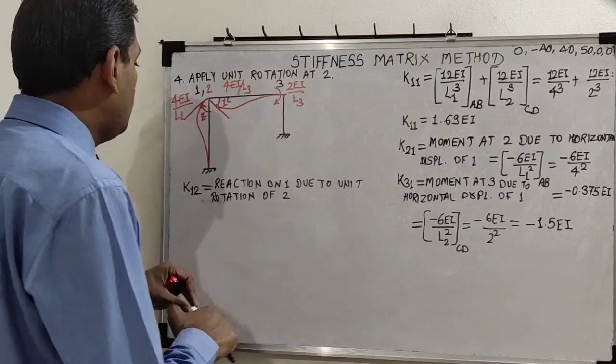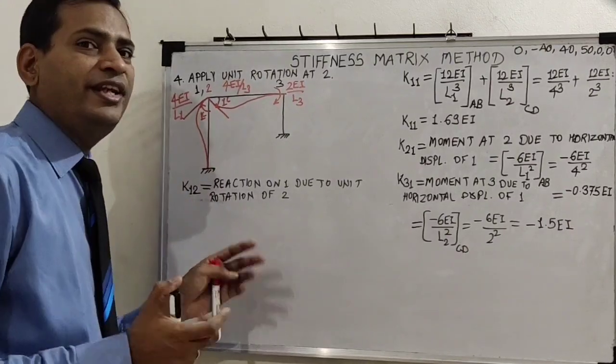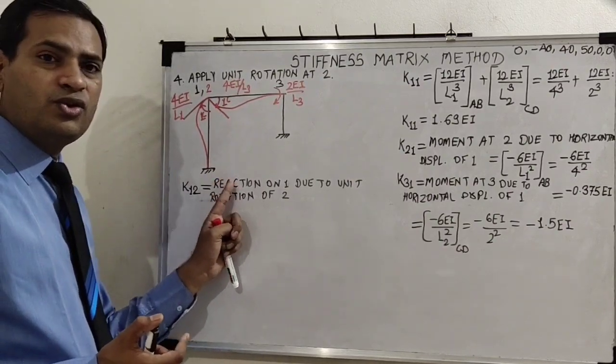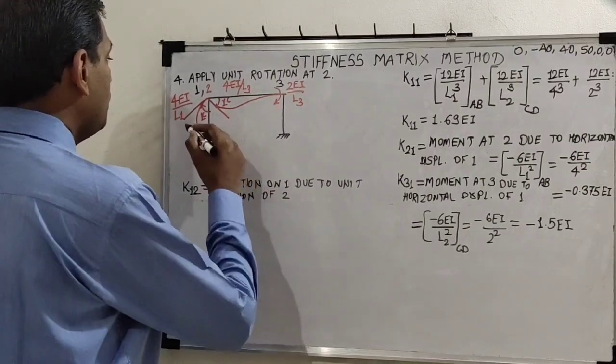Okay. Why reaction and why not moment? Because our first unknown is linear displacement. Linear displacement is caused by horizontal force or reaction. Okay, force or reaction.